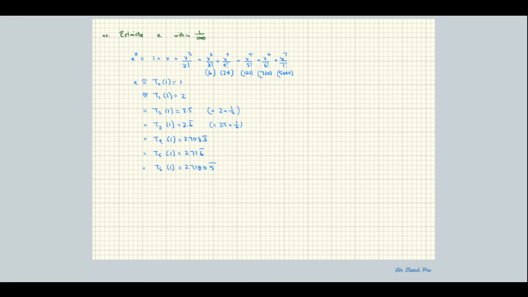And I'm going to point out that R7 at 1 is 1/7 factorial plus 1/8 factorial plus 1/9 factorial plus ... And I would need an approximation for this.